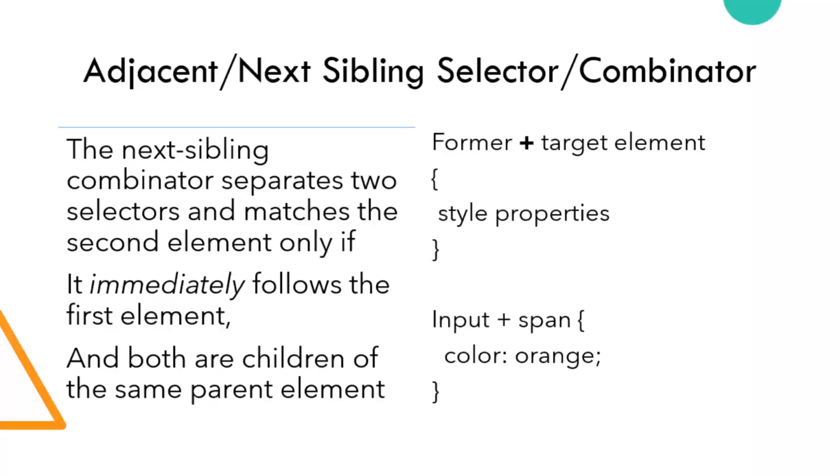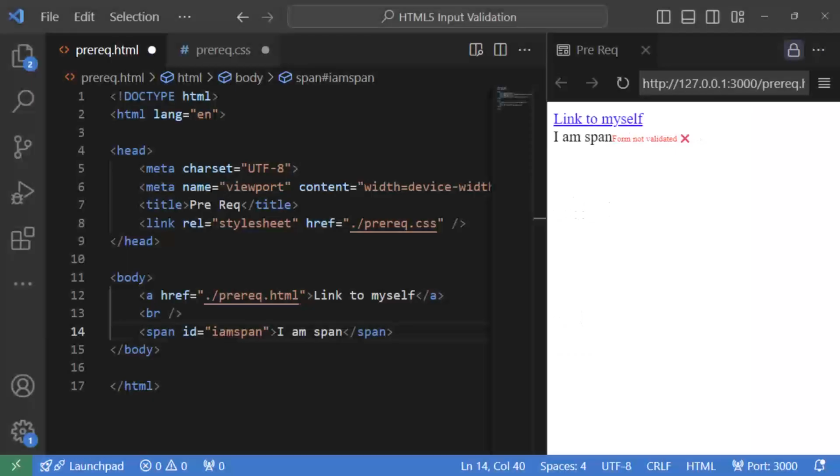So basically what we are doing here is that we have two elements and we are saying that in CSS we select the first element and then style the second or target element only if it immediately follows the former or first element. I'm sure it's hard to understand this way, so let's go over to Visual Studio Code and put this in action.